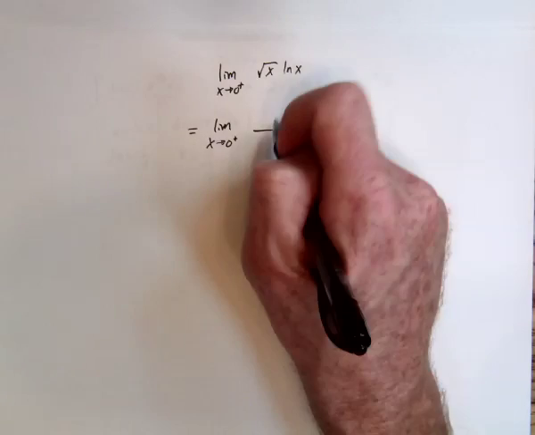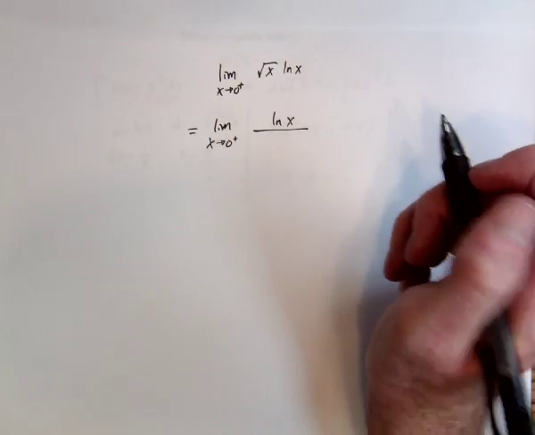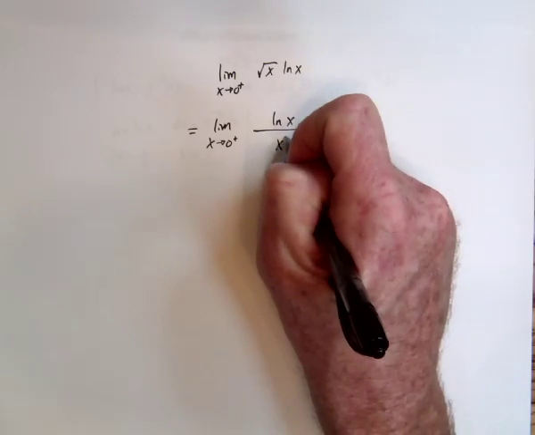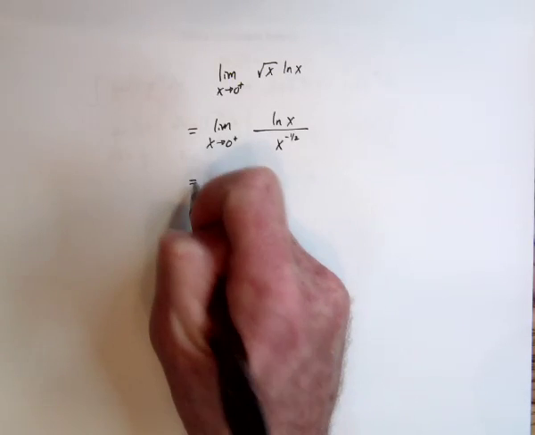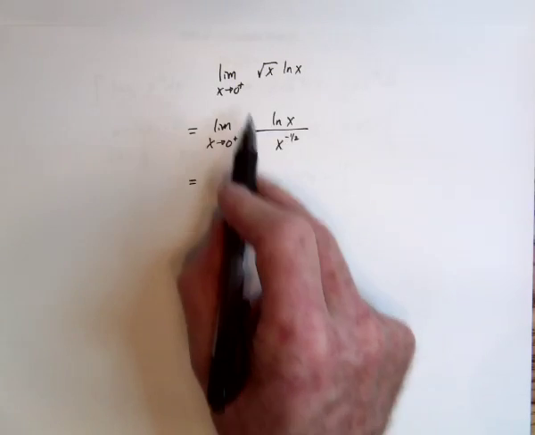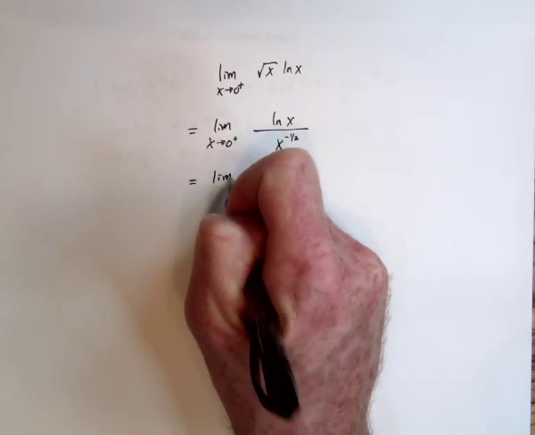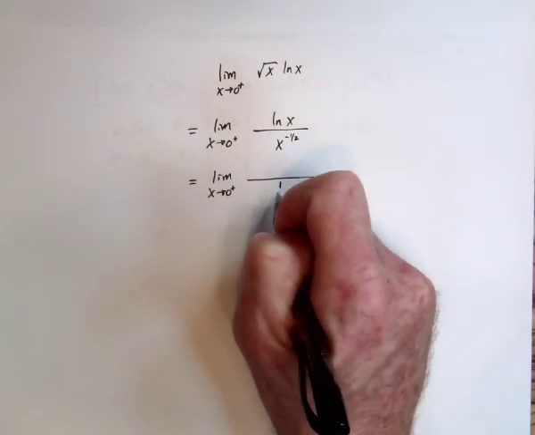What I could do is leave the natural log in the numerator. I could bring this to the denominator if I rewrote it as x to the negative 1/2. Because algebraically, that's the same thing. Once you simplify this, you would get that. Or I could say, well, negative exponent means that it's 1 over that.